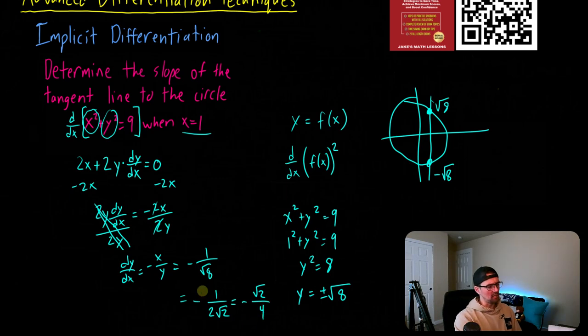So this is equal to dy/dx, which means this is the slope of the tangent line at the point x equals 1, y equals 2 root 2, or root 8. So this would be the slope of our tangent line. I guess either one of these is fine. Generally, you want to rationalize the denominator, so we probably want to go with negative root 2 over 4. But yeah, that would be your answer there.